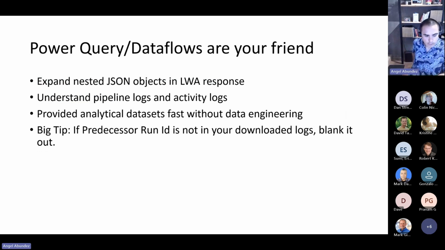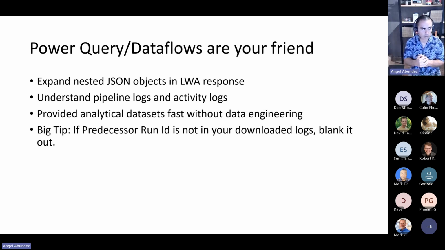The other thing that was very handy to me, leveraging this in Power BI, and you could use this in Fabric using dataflows, is that if you connect directly to Log Analytics Workspace, you can expand the nested JSON objects of the ADF pipeline runs object. There's a lot of nested JSON, like the predecessor run ID.